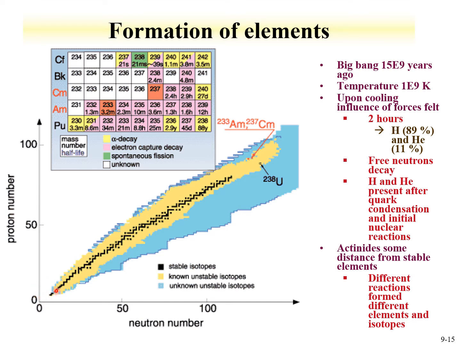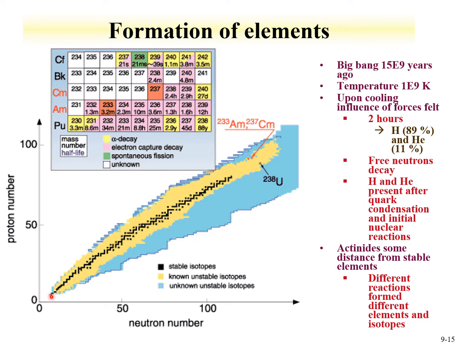So we're down here in the chart of the nuclides. Free neutrons decay. We know that neutrons have a half-life on the order of 14 minutes. So after a couple hours, they've disappeared. We have primarily after the Big Bang hydrogen and helium. This can condense and start forming clouds, which then form into stars through gravitational forces.